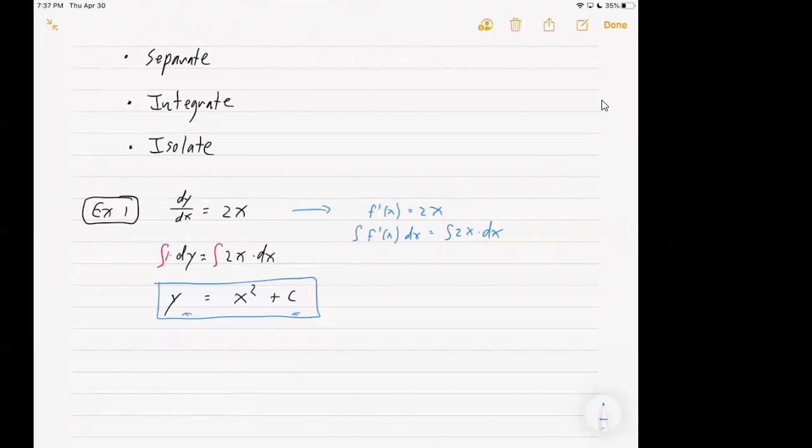And then what we have when we finish is f of x equals x squared plus c. And what is f of x? Well, if dy/dx is f prime of x, then y must be f of x. So we really have done the same problem.